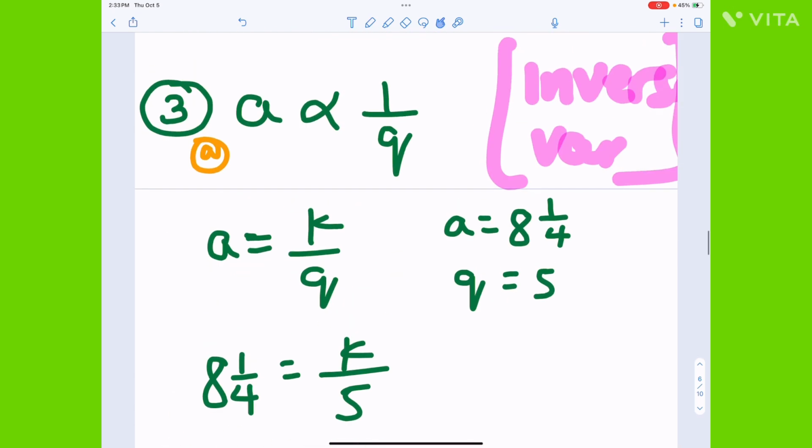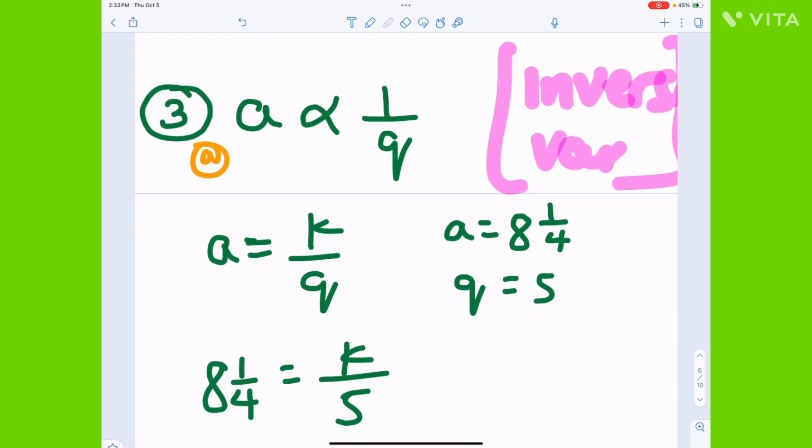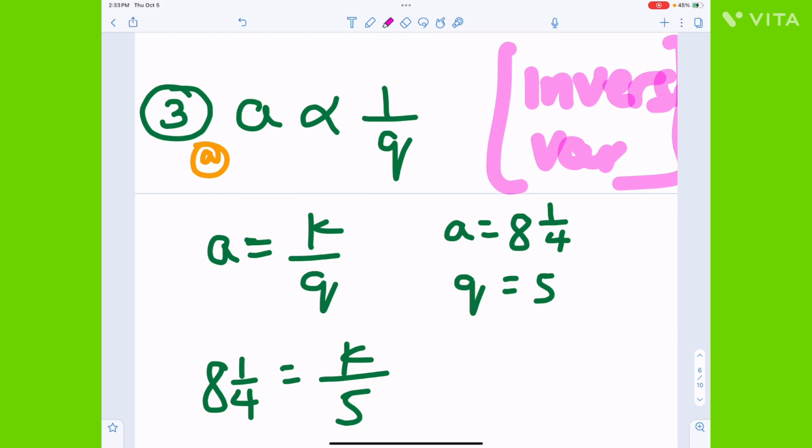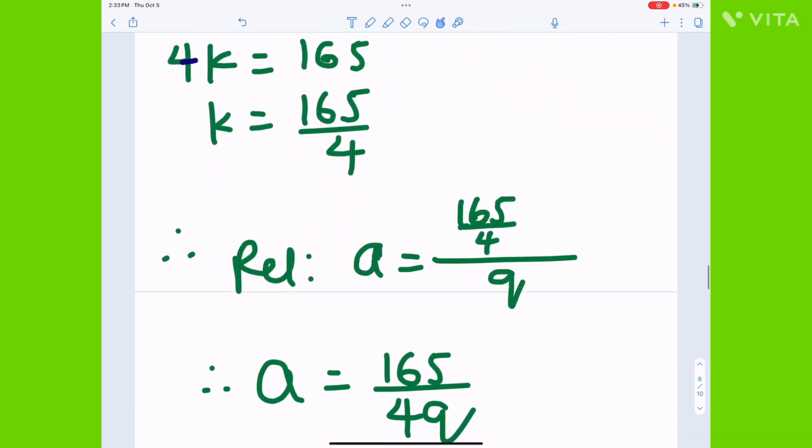Go back to your relationship where you wrote that A is equal to K over Q. Now you know the value of K, so we don't need the K there anymore. So your relationship will be A is equal to 165 over 4 divided by Q.